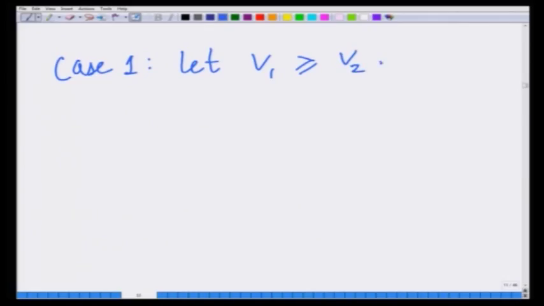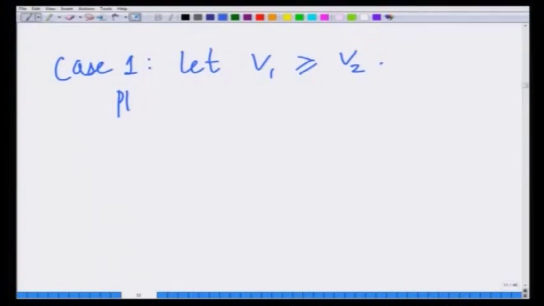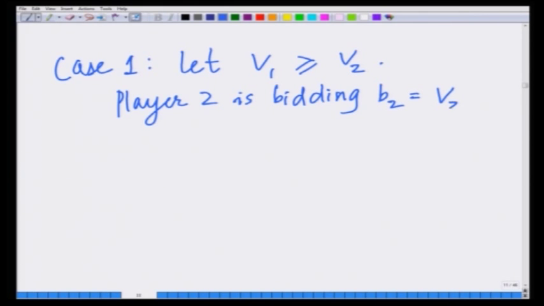Now, remember player 2 is bidding B2 equals V2. Therefore, if player 1 bids any B greater than or equal to B2, that is any B greater than or equal to V2, he wins the auction.